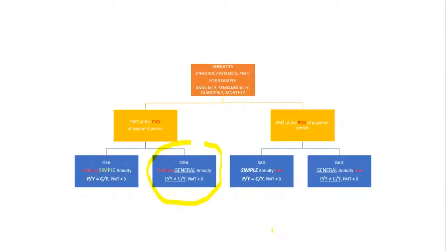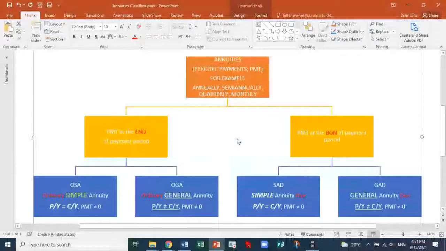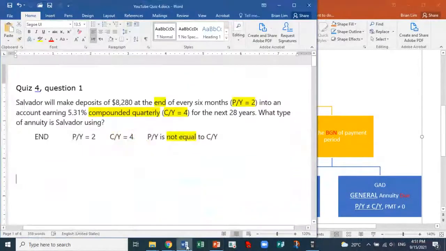All right, so let's come out of here and we will go back to our original question, which was right here. So this would be classified as an ordinary general annuity.